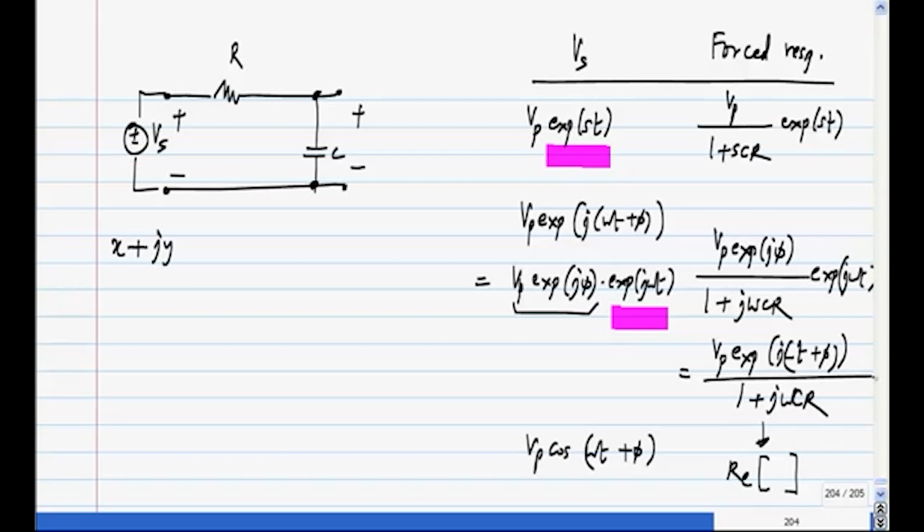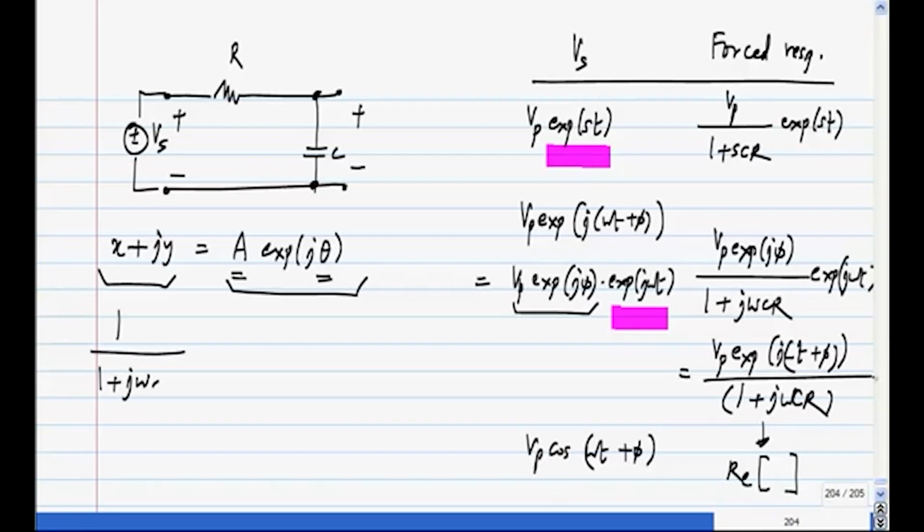This is known as the rectangular form, where you give the x and y coordinates of the complex number, or the polar form, which gives you the amplitude and the argument, or the angle. Both representations are useful. Clearly, the rectangular form is more convenient for adding complex numbers, and the polar form is more convenient for multiplying complex numbers.